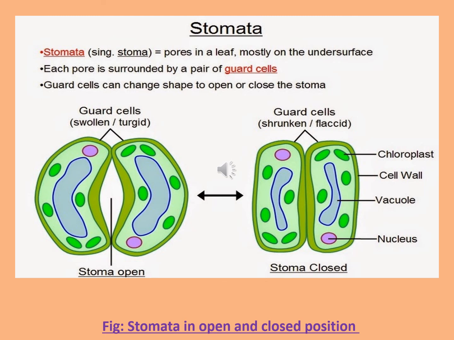Therefore, due to exosmosis, water comes out to the surrounding subsidiary cells and other epidermal cells, and the stomata get closed. So this is the mechanism by which stomata open and close during the day and night under normal circumstances.